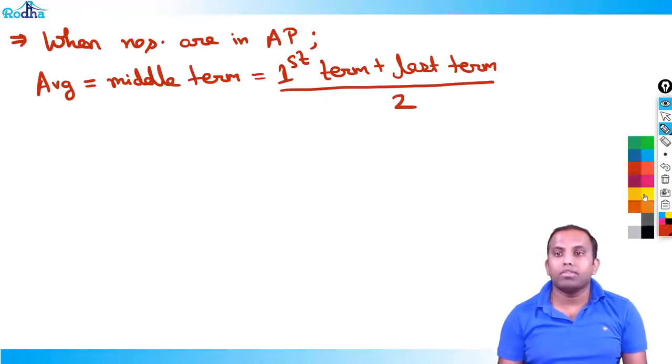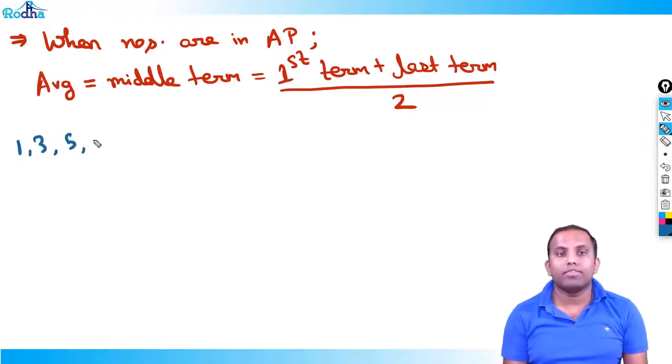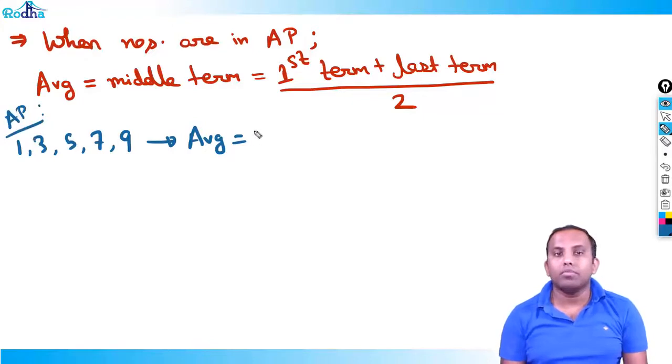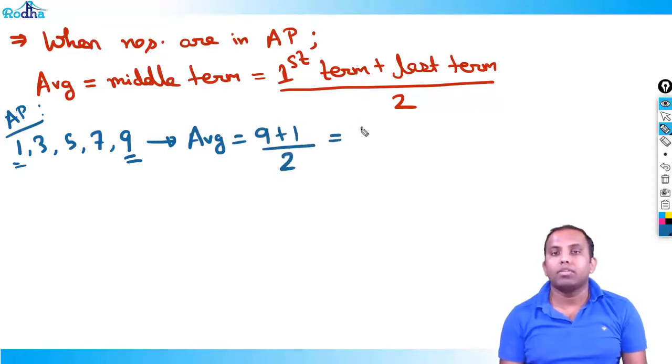So like suppose in this case the numbers are 1, 3, 5, 7, 9. So what is the average? Since this series is in AP, average is the middle term, first term plus last term by 2, simply 9 plus 1, 10 by 2, that is 5. So average is 5.